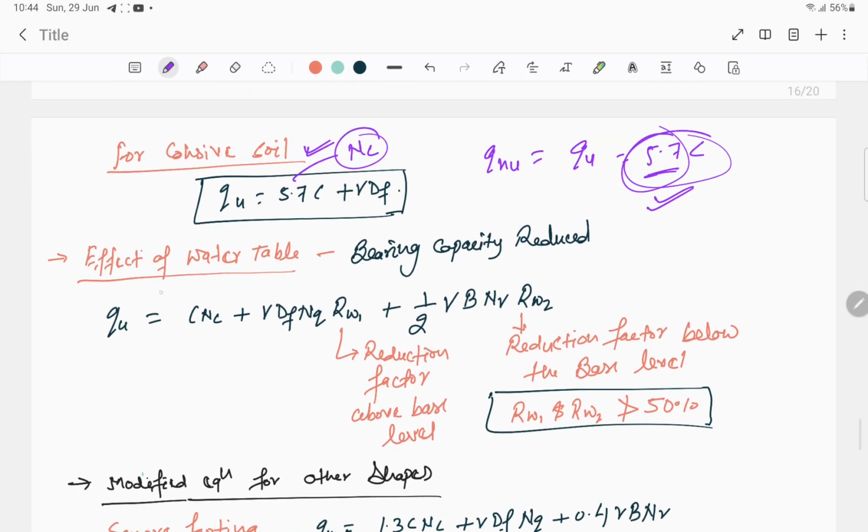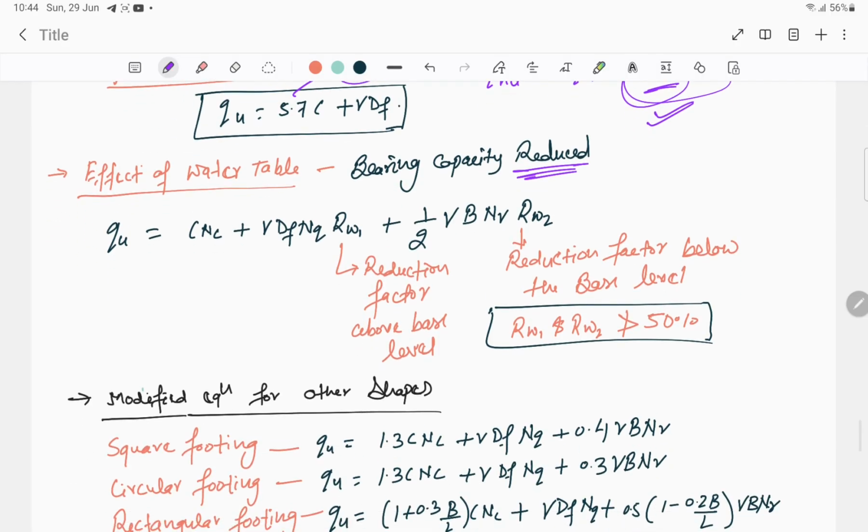Next is the effect of water table. What is the effect of water table on bearing capacity? Obviously, if the water table is there, either some distance below the footing or above the footing, then it definitely affects the bearing capacity of the soil, means it reduces the bearing capacity.